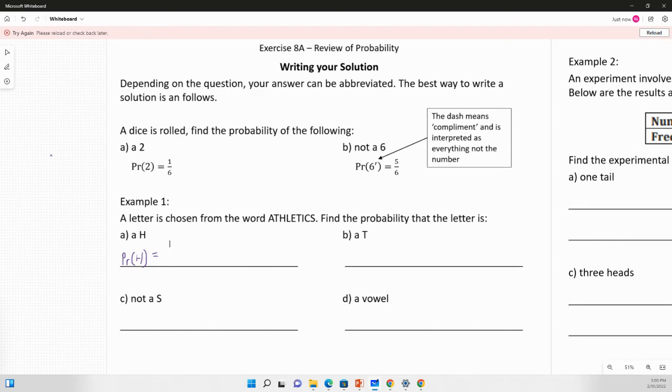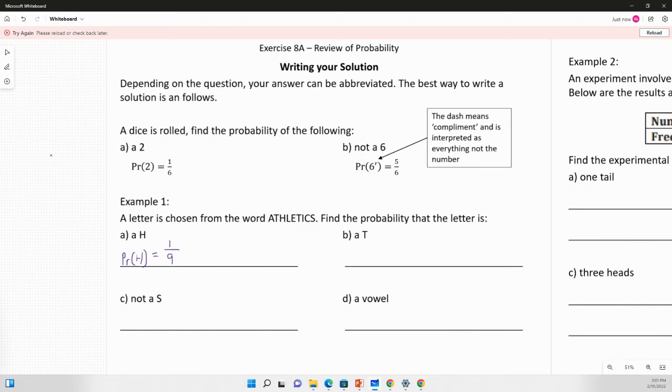There's one H. And to figure out the denominator, remember that's the total number of options in our sample space. So let's try and figure out how many different outcomes there are here. 1, 2, 3, 4, 5, 6, 7, 8, 9. So the probability of getting an H is 1 out of 9.